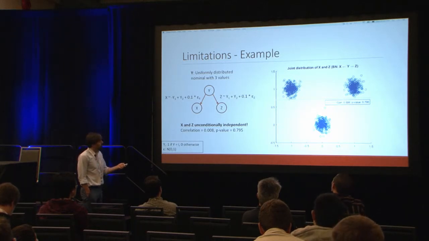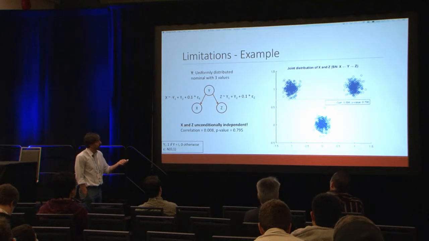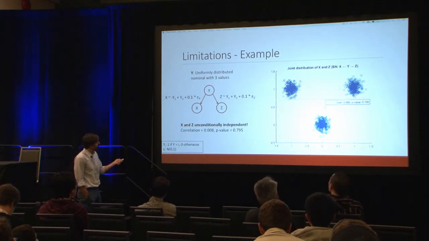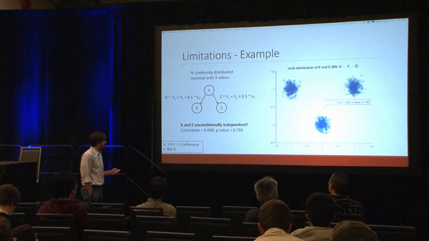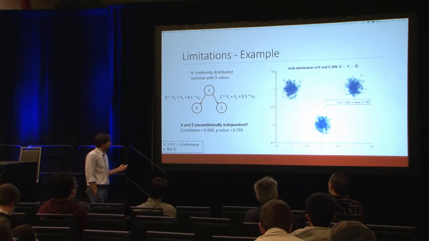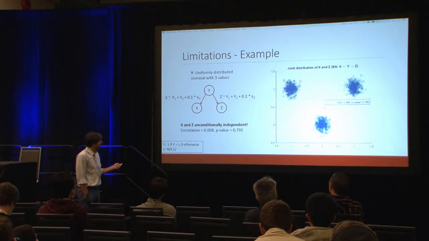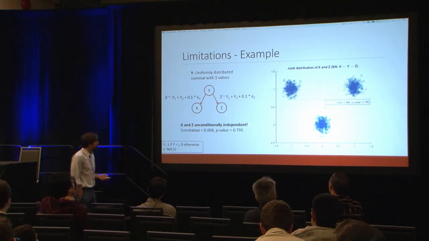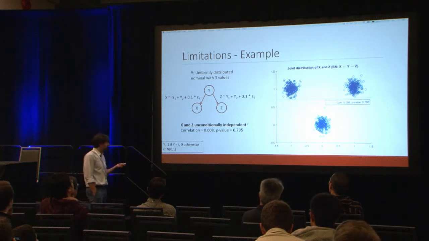And this is the distribution of x and z. So in this case, you would expect that x and z are dependent, but actually, if you perform a test on this data, it will give you independence. So essentially, because of the way you perform the tests, you are missing some dependencies because you're working on the marginal of this network, just x and z.